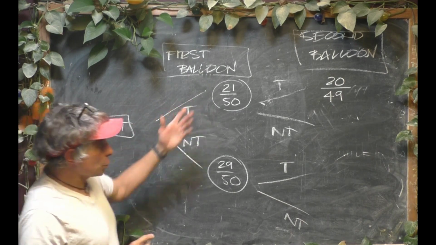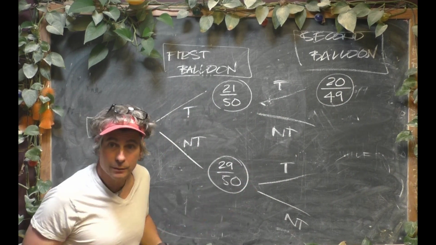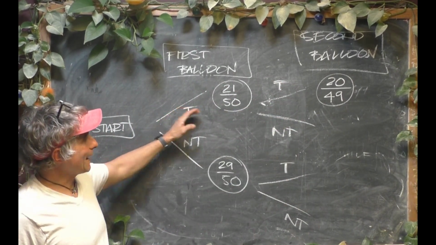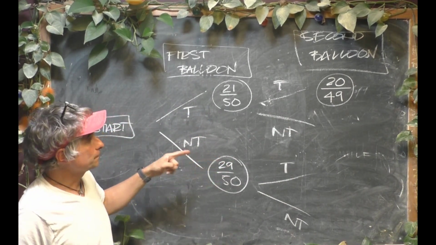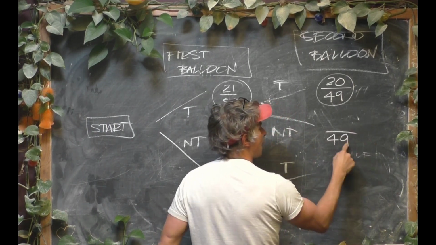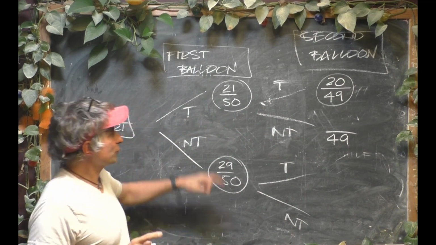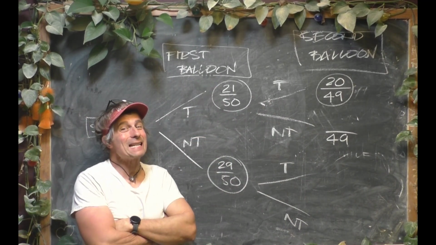Now, that could happen. I mean, clearly you could get a token on both of them. You could also get a token on the first one and not get a token on the second one. Now, what's the chance of that happening? Well, there's still only 49 balloons left on the board. And you have to remember back, if 21 of the original balloons had tokens in them, that means 29 didn't.